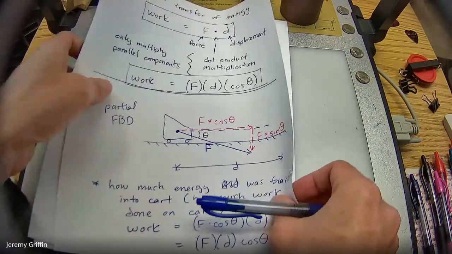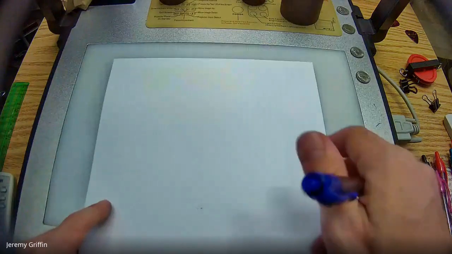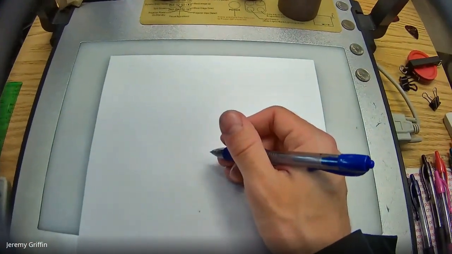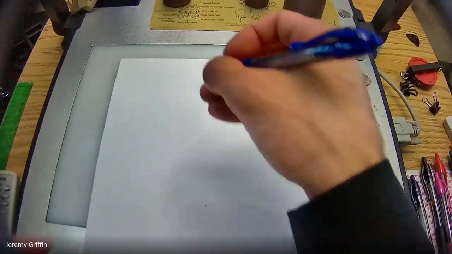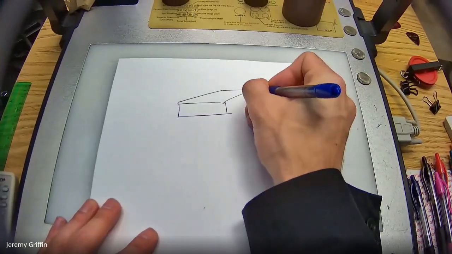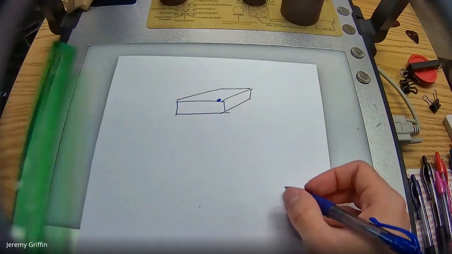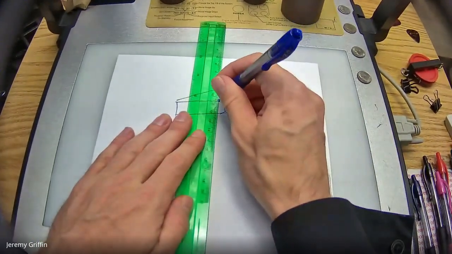Okay. Let me give you guys an extended example, just sort of the opposite extreme. What if you had a book, like a textbook? Let's draw a free body diagram of this textbook. It's got a center of mass right there, and you're just holding this textbook at rest.